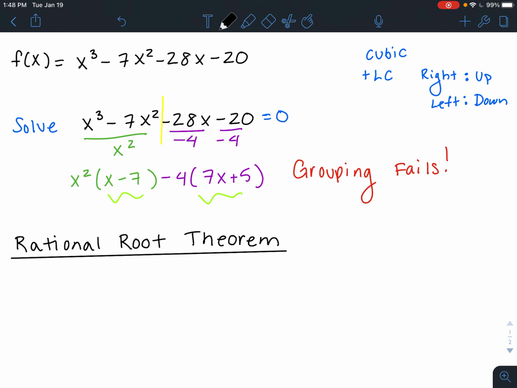The rational root theorem is especially helpful if you think back to the days before there were calculators, or graphing calculators, so you couldn't just look at a picture of a graph.